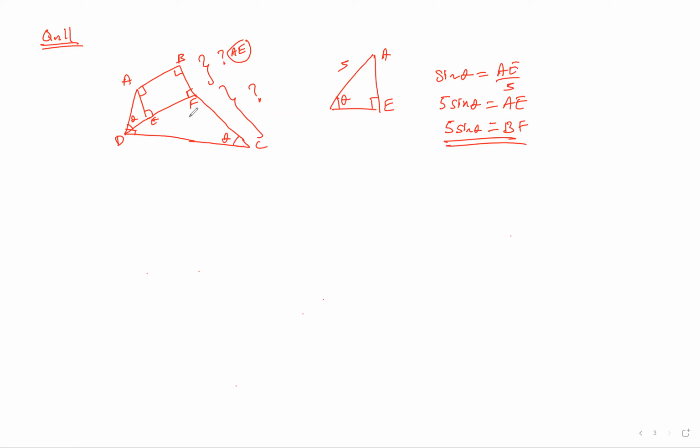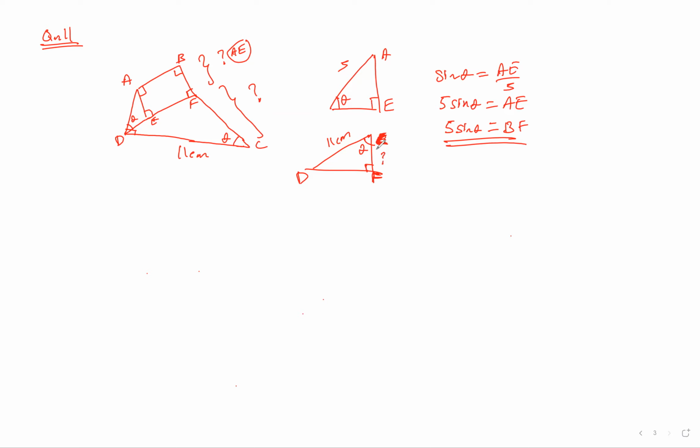Next, this one is also easy. This is FC. We're given this as 11 cm. If you draw this out, with C and F, you have theta here, and this is 11 cm. This is your D. Same thing here, you need to find FC.